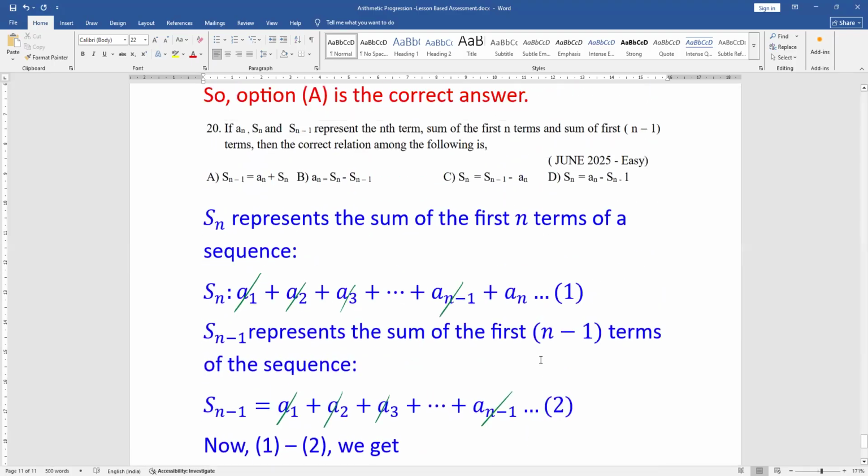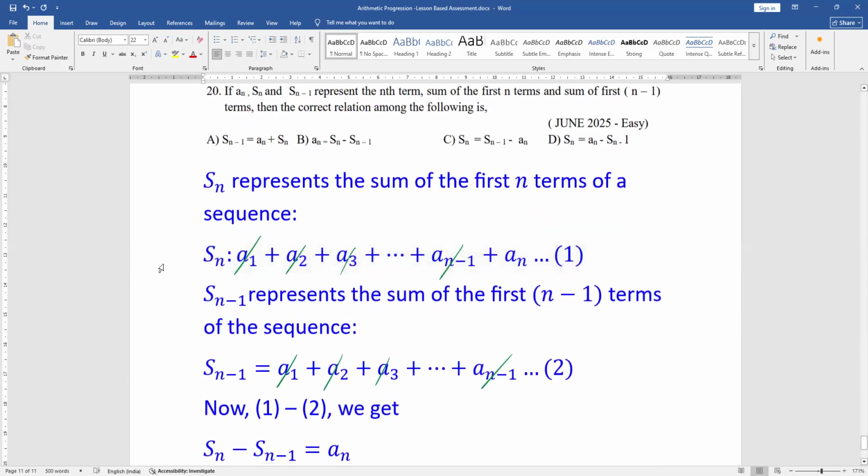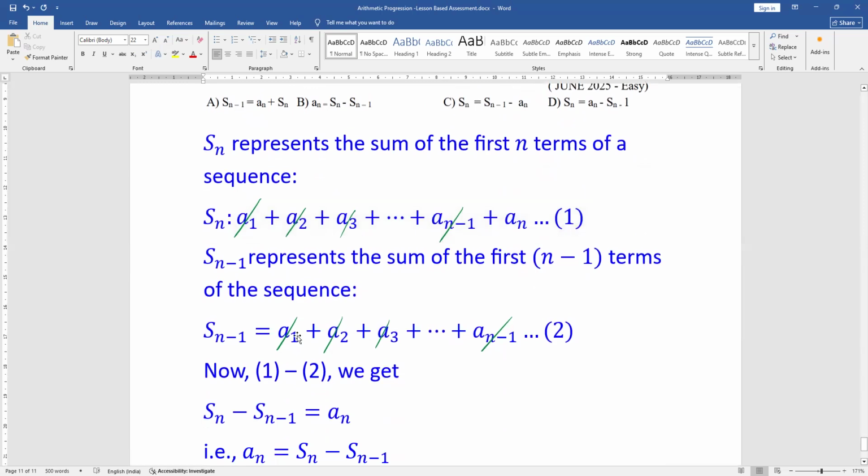Understood? So let me explain once again. First, what we did: Sn is nothing but A1 plus A2 plus A3, so on to An. Okay. Then Sn minus 1. Here we do not consider the last term, that is An. So up to An minus 1 we are going to take: Sn minus 1, the sum of the terms till An minus 1.